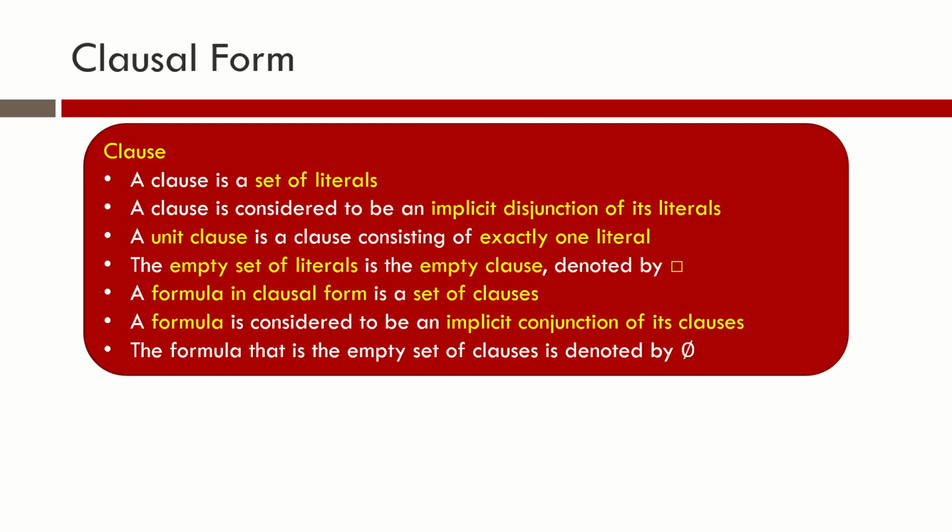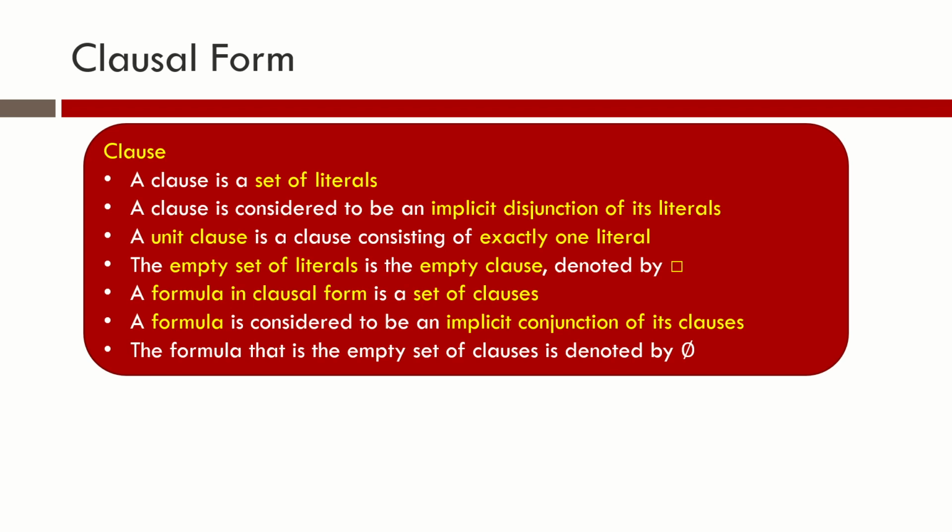To start with, we will start with clausal form. Before we move on to clausal form, you need to know certain definitions, like what a clause is. A clause is a set of literals. Say the set {P, Q} is a clause.